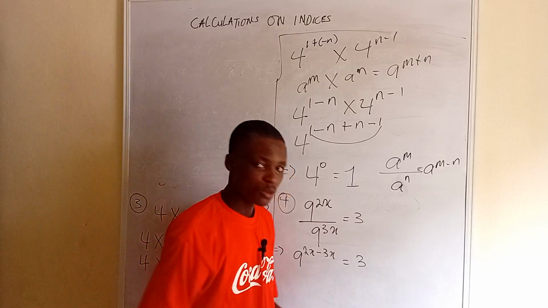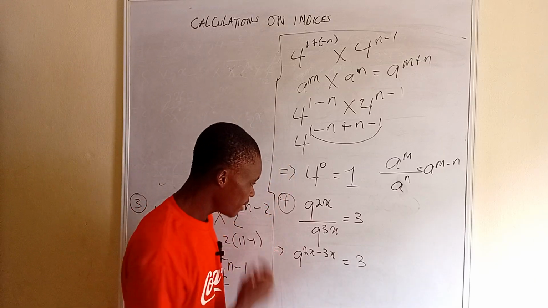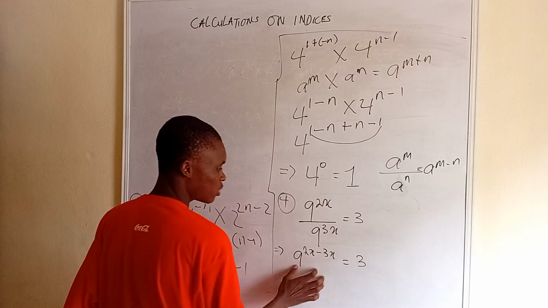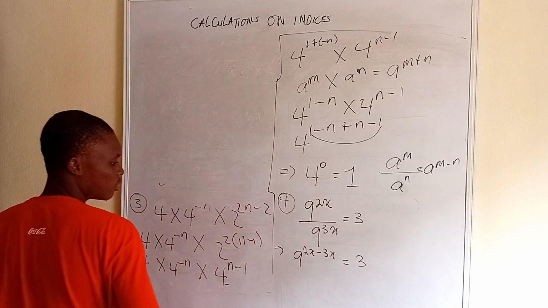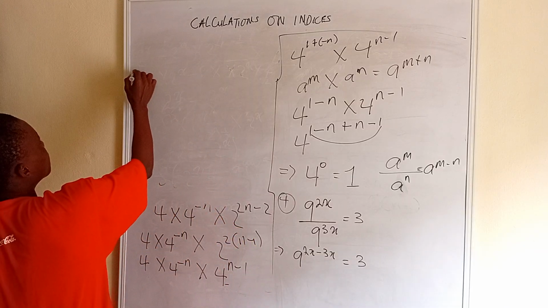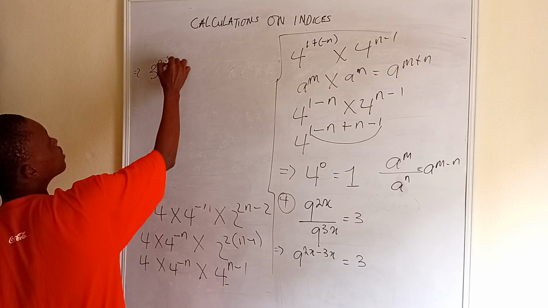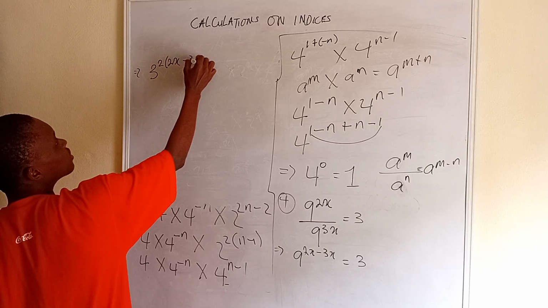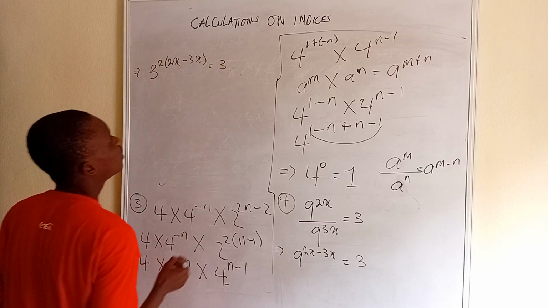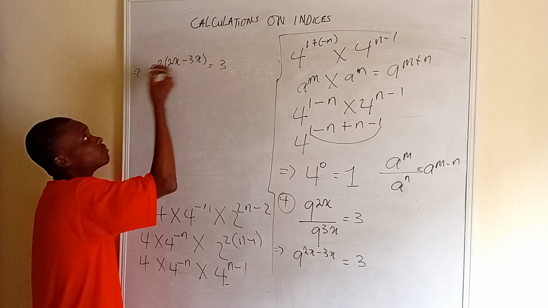So 9 raised to the power of 2x minus 3x equals 3. So from here, we are going to rewrite the bases to look the same. So clearly we can say that this is 3 to the power 2 into bracket 2x minus 3x equals 3. So clearly you can see the two bases are the same here.